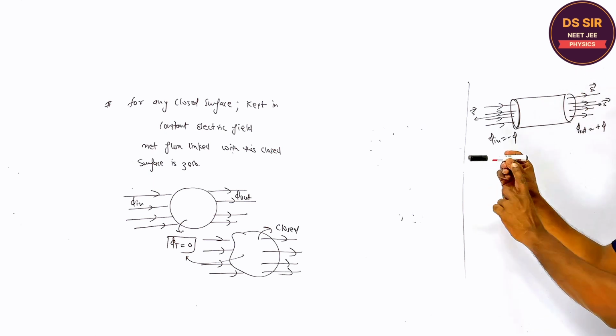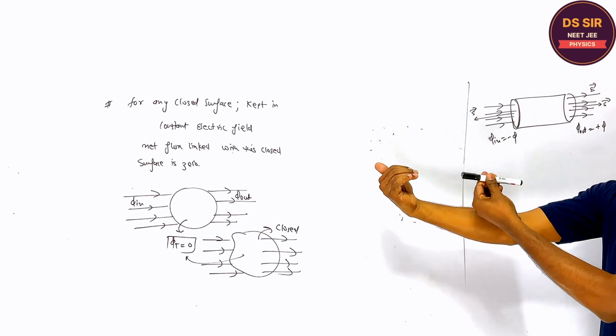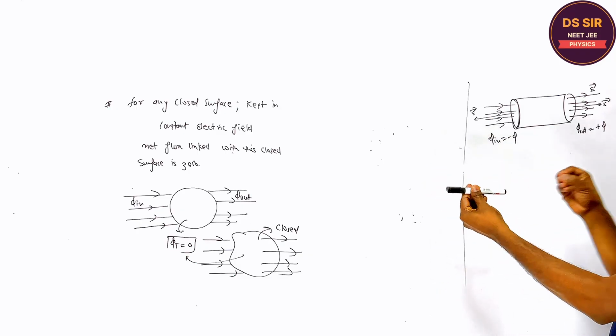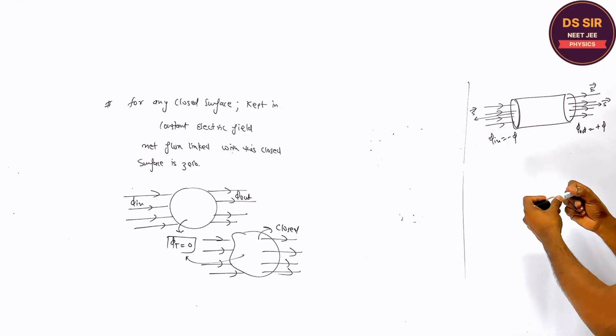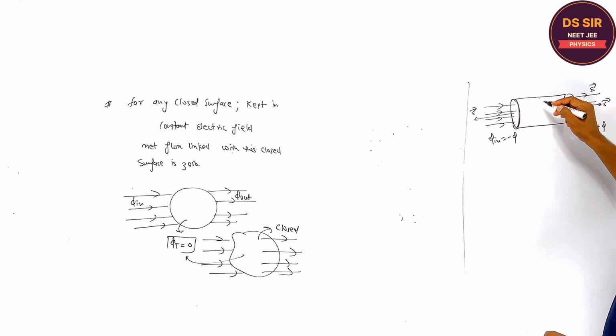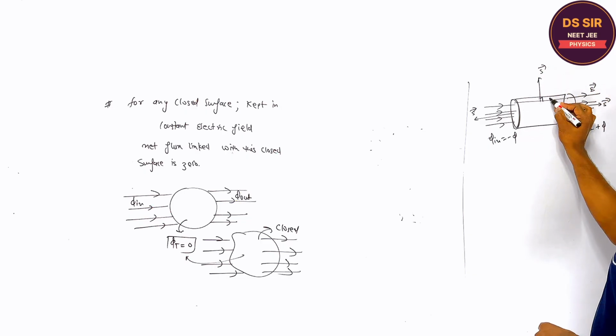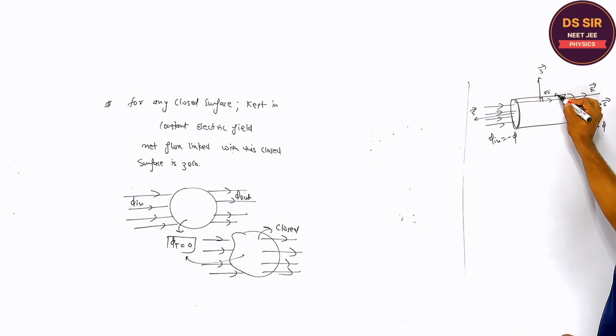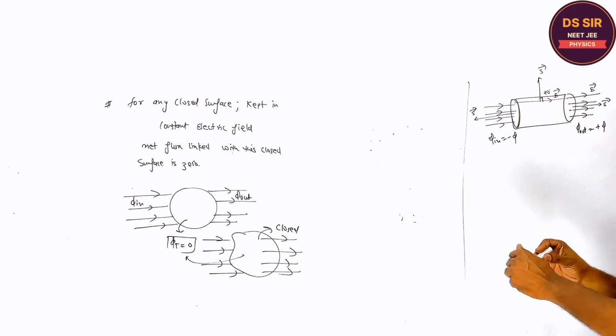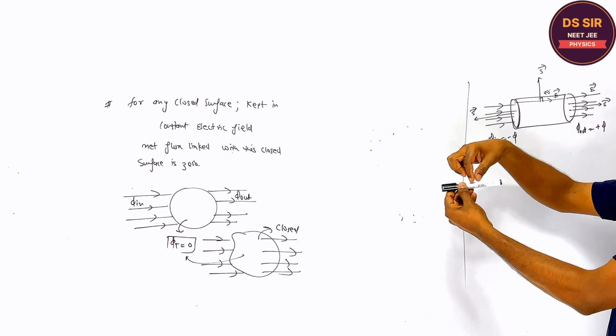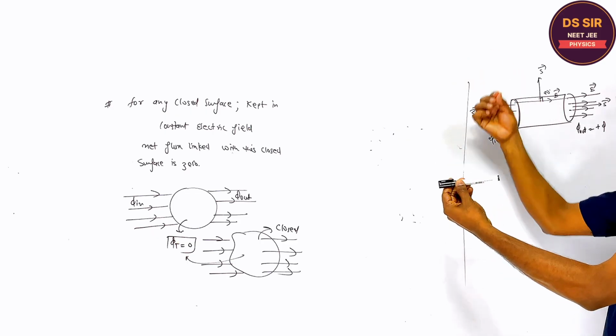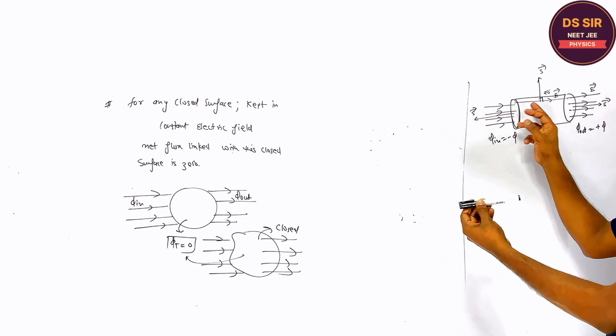For example, this is a pen, this is the cylinder. The flux that is entering here, the same flux is coming out from here, right? And if you consider this lateral surface, the area vector is perpendicular to the curved surface, at 90 degrees to this electric field, right? So what is the net flux?